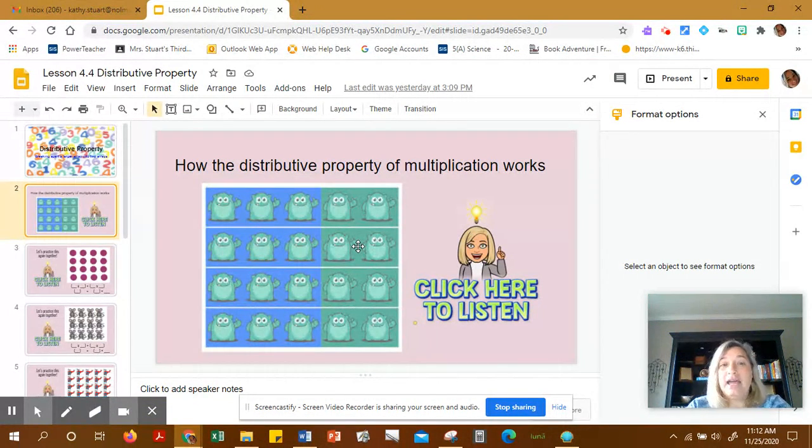So let's go ahead and look at our large array that we have here. If I'm going to write the multiplication fact for this array, I know that it is 1, 2, 3, 4 rows. Okay, I have 4 rows. So Mrs. Stewart's going to go ahead and write that down so I don't forget that.